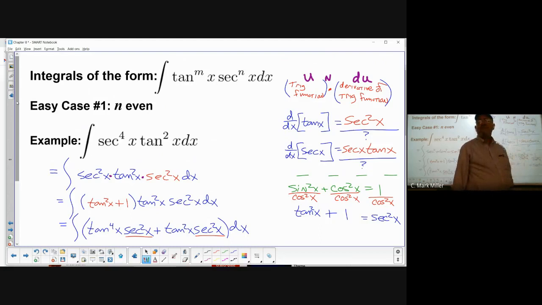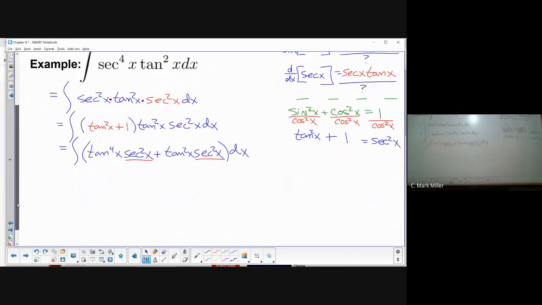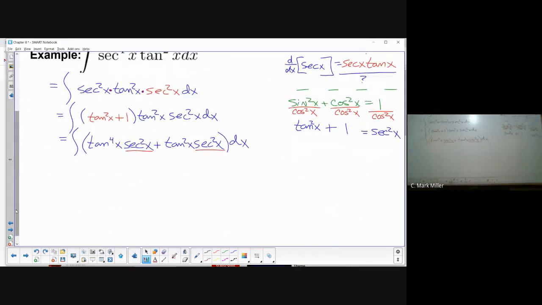And you do this when the power of secant is even. You'll learn to spot these, believe it or not, if you do the number of problems you need to do.